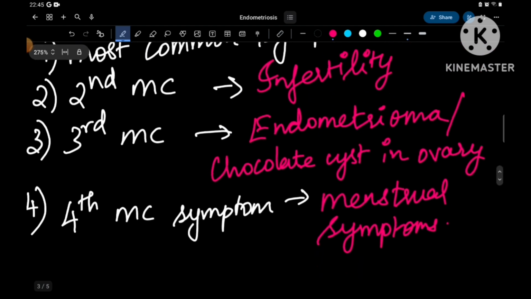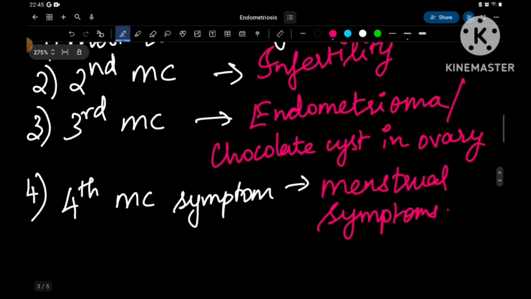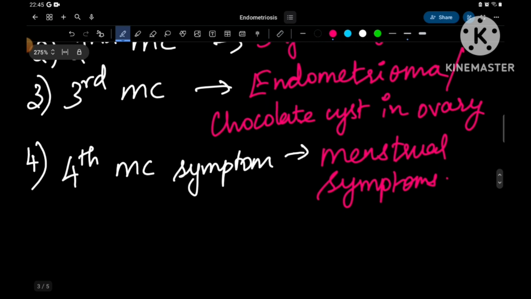For pain, what is given, how to treat, and for infertility, what is given. There is mild, moderate, severe, and all, so it will be quite extensive. So I'll just cut it short. What is the management for pain?